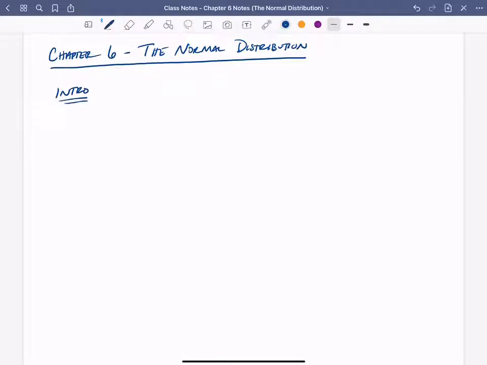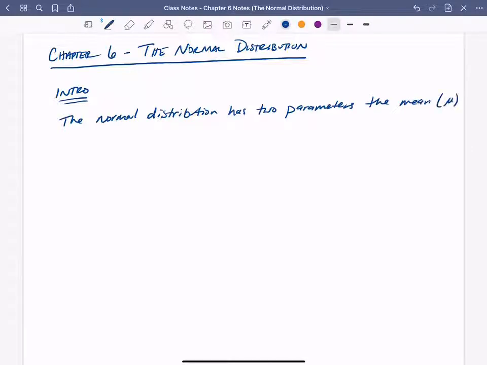So the first thing is we need to know that the normal distribution has two parameters. We call it the mean, which uses the Greek letter mu, and the standard deviation, called sigma.